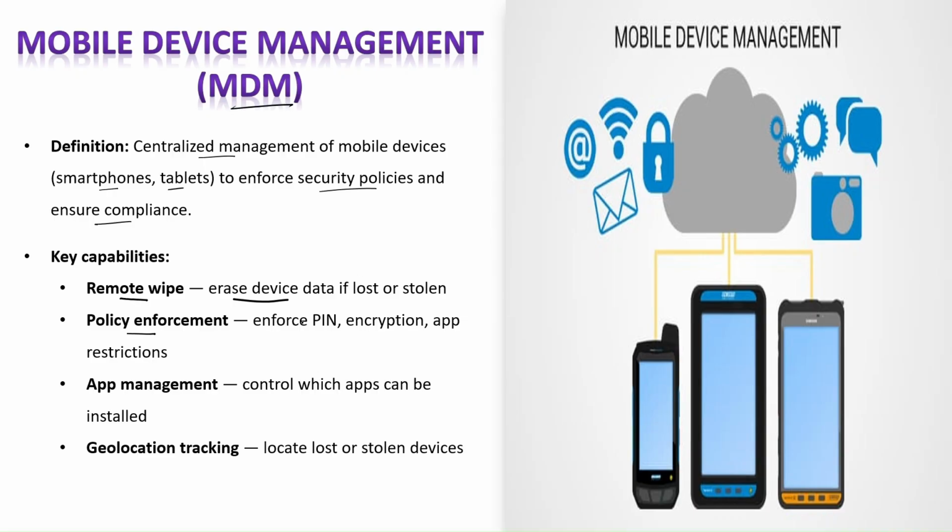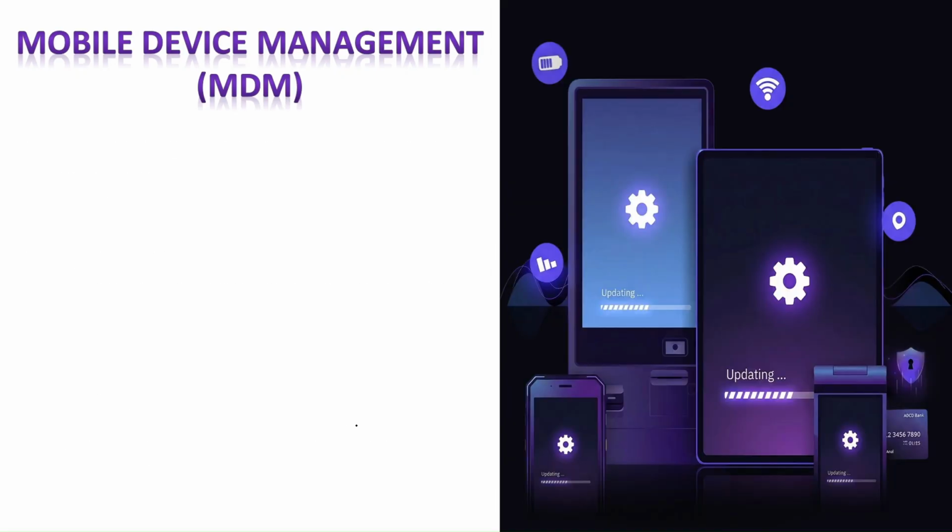Policy enforcement includes enforcing a PIN on the device, encrypting the data on the device, and application restriction. App management gives you control over which applications can be installed and which cannot be used or installed on the device. And geolocation tracking, so you can locate the device when it is lost or stolen.